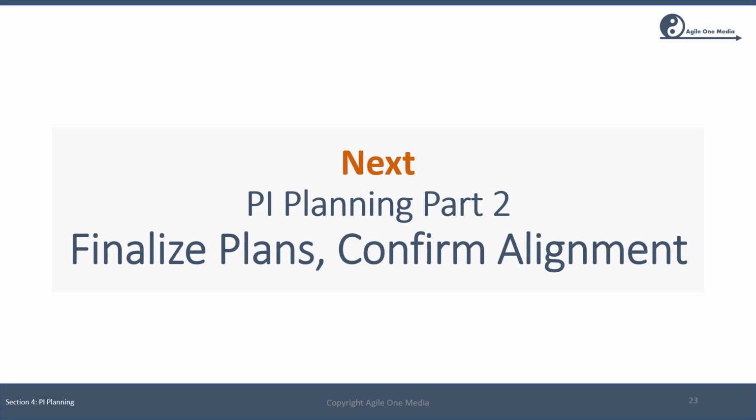Next step is to get back together, potentially the next day, make adjustments to the plans based on feedback from the leadership team, and then try to align everyone on the ART plus stakeholders around a common agreed PI plan.